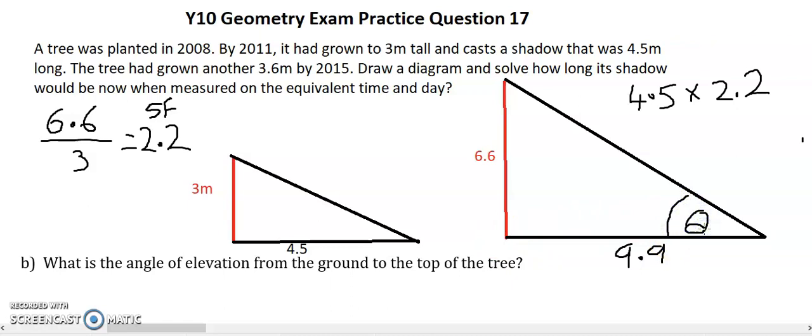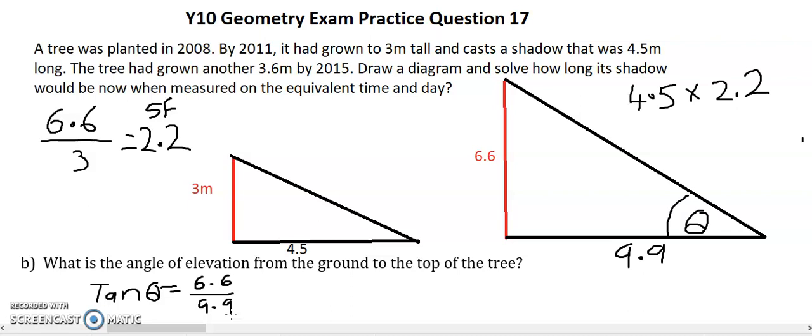So straight away we are using the tan relationship. So we've got the tan of our angle is equal to opposite, which is 6.6 over 9.9. Now we need to get our angle to be by itself.